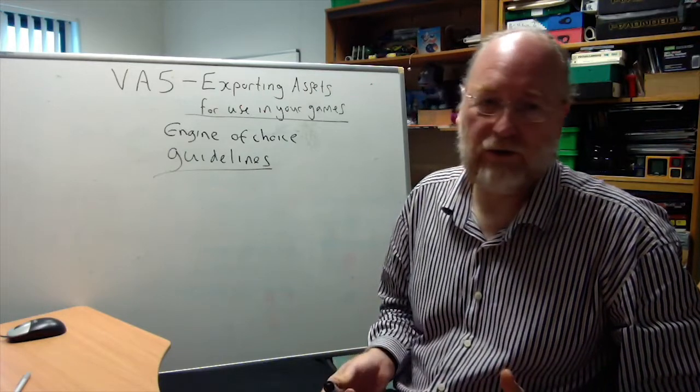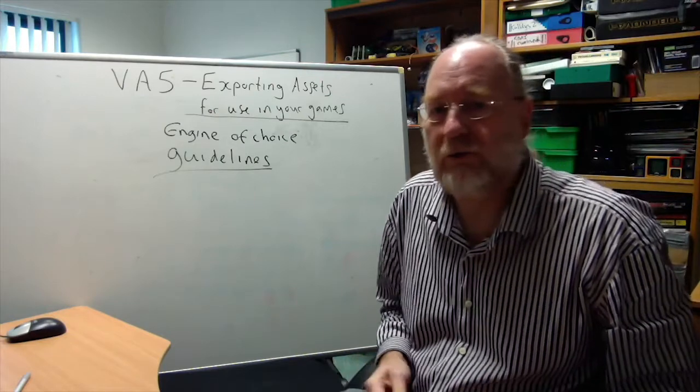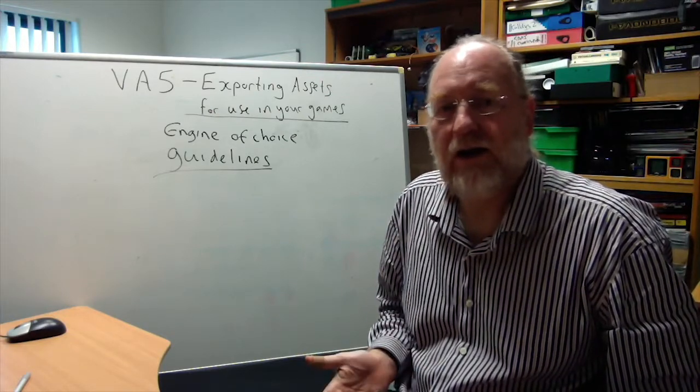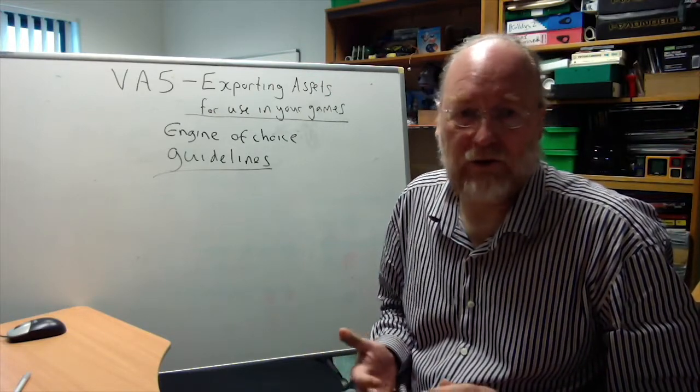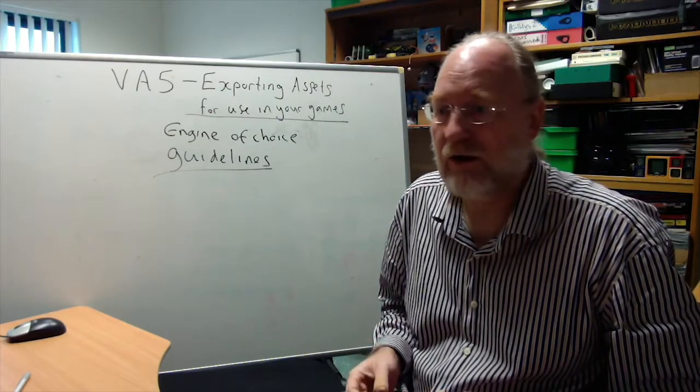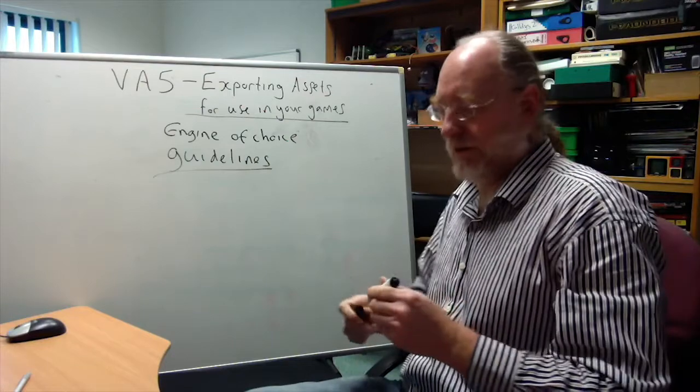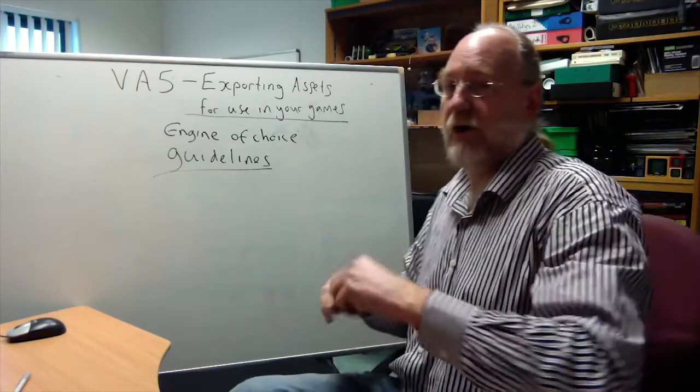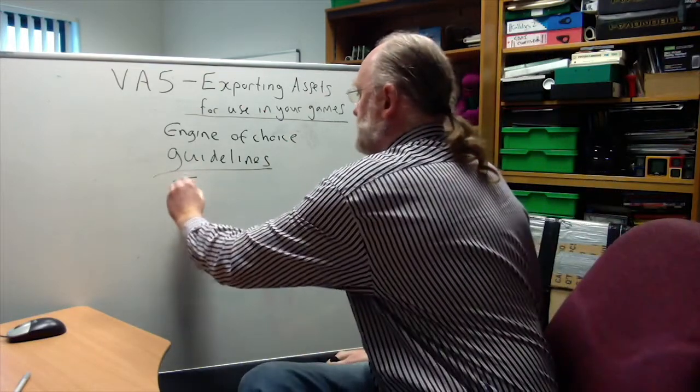So one of the first things you want to do is actually look at some of those guidelines, see what the game engine producers are telling you are the right formats, etc. But also bear in mind that we also have the issue of the target platform as well.